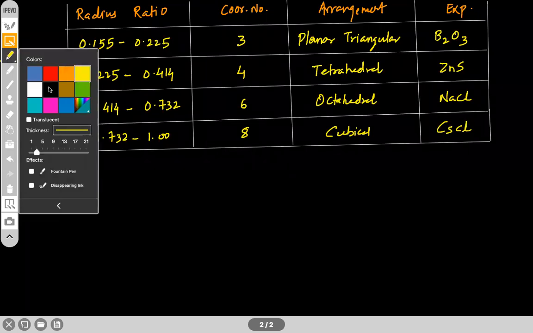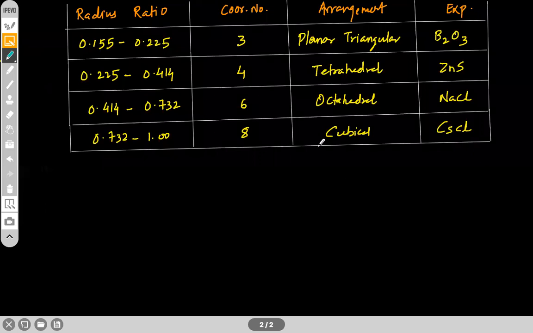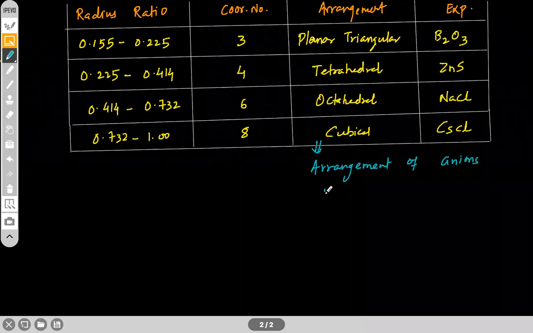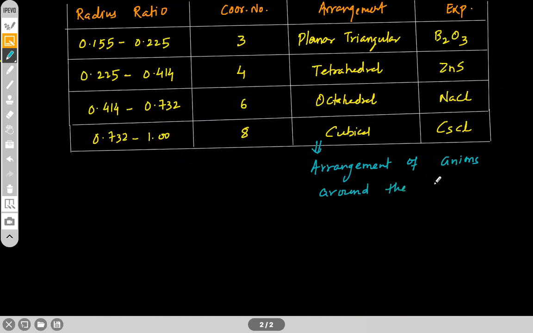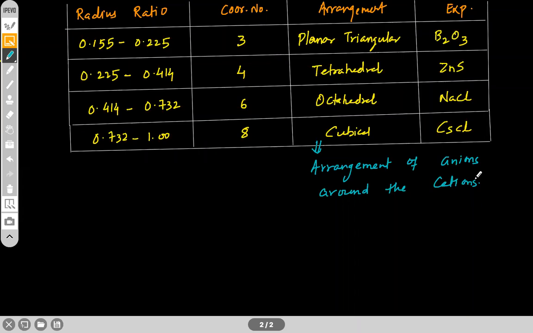It is the arrangement of anions around the cations.